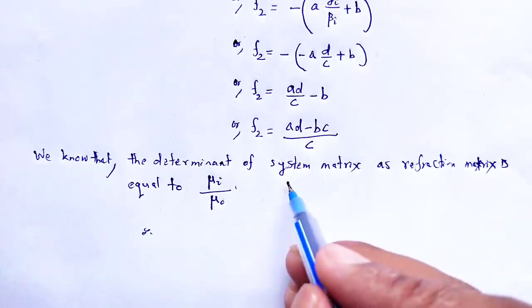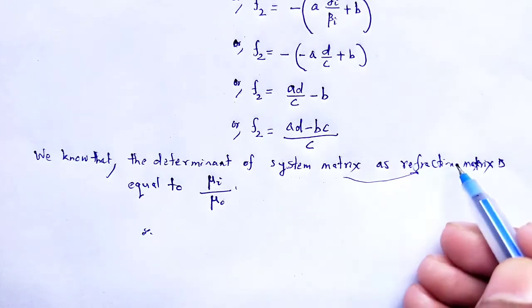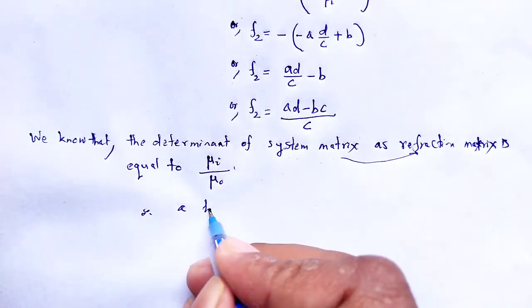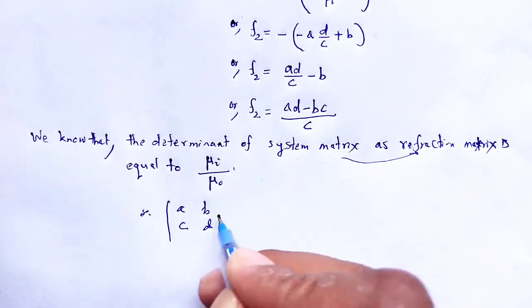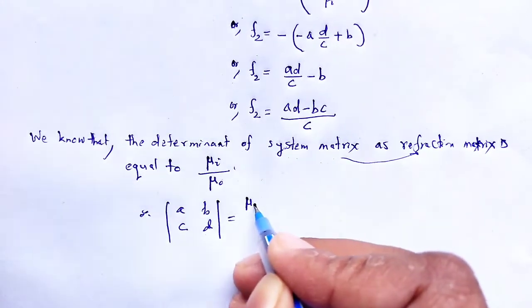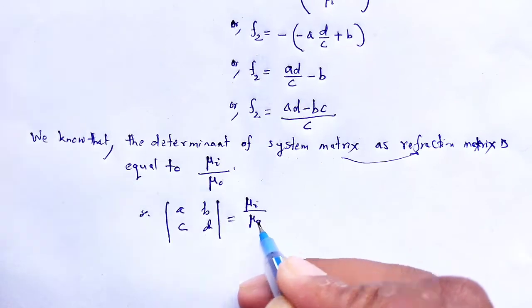Means the system matrix as a refraction matrix, so determinant ABCD is equal to mu I divided by mu O.